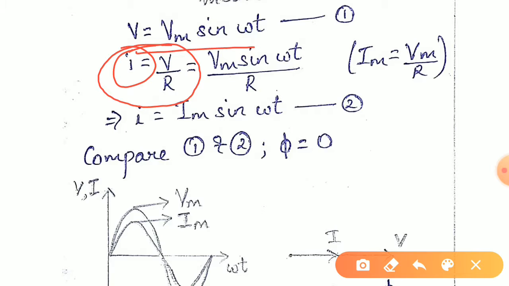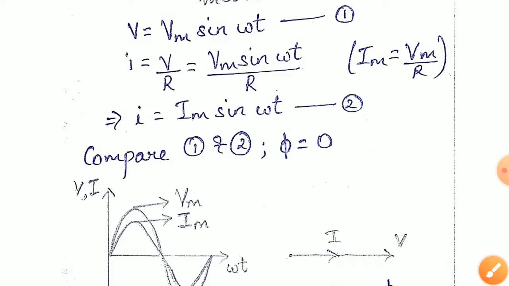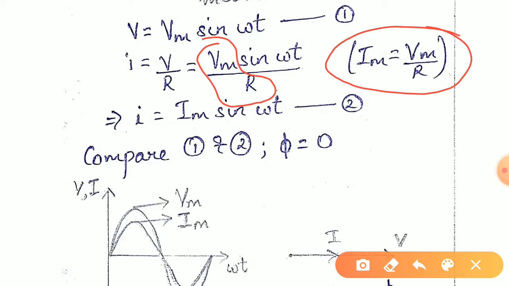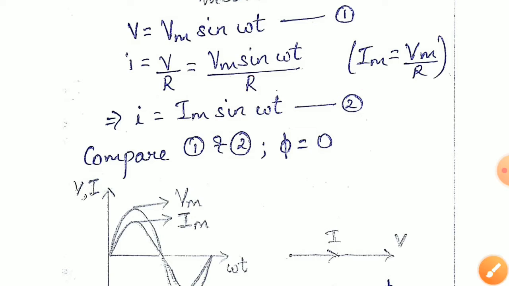When we substitute the value of V from the above equation, we get I is equal to Vm sin omega t upon R. Here, Im is equal to Vm by R. So, Vm by R is replaced by Im. Then the corresponding current equation that we get here is I is equal to Im sin omega t.